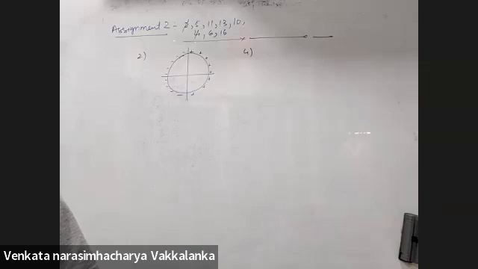And the y-axis is given in the question, so it's in the plane only. What is the answer given for this? 0. The y-axis is given in the same plane. R by 2.